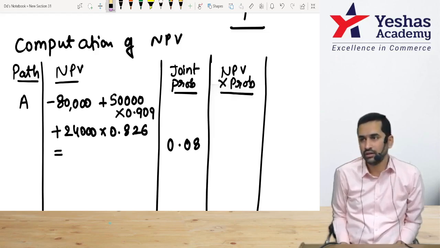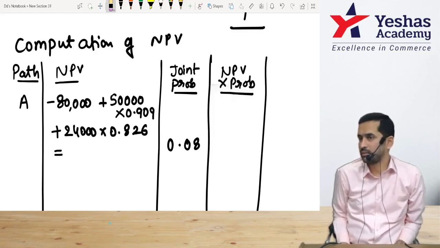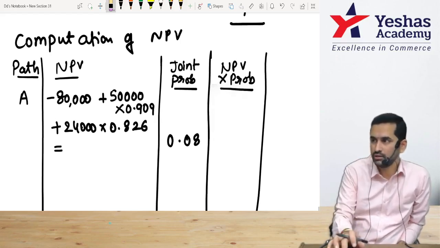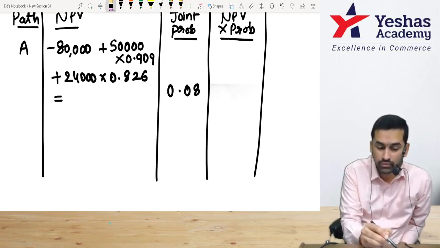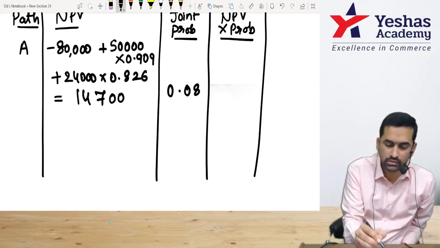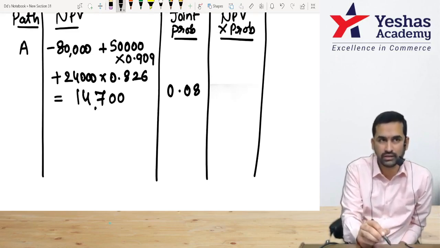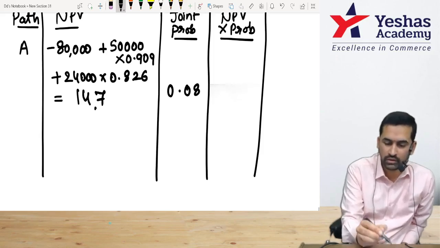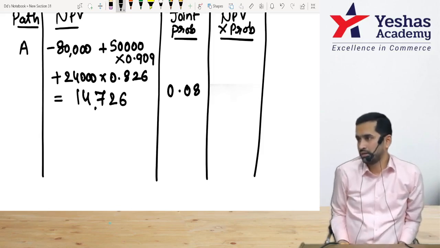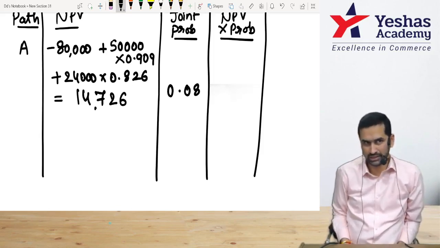Then second year I will earn 24,000. That is multiplied by second year discounting factor. Anyone has NPV number only, not last column. 14700 approximately. So you have exact number, anyone? 26, correct? This will be my NPV if path A becomes a reality.